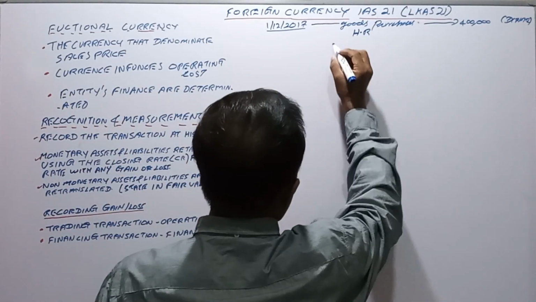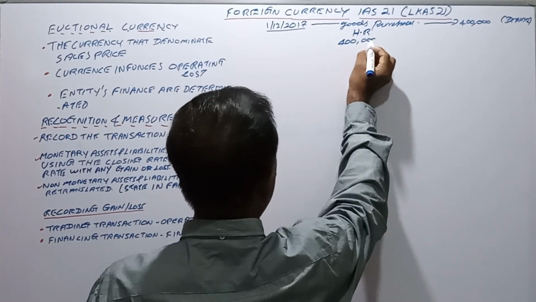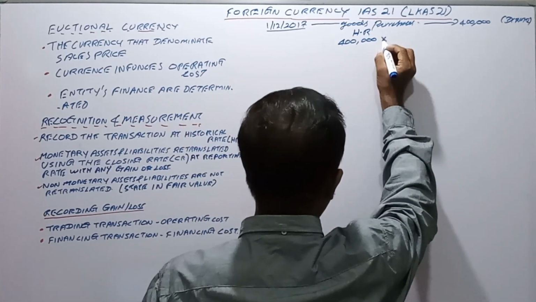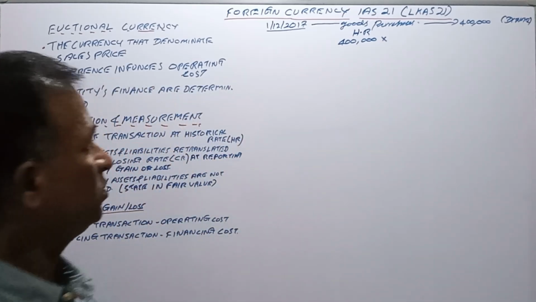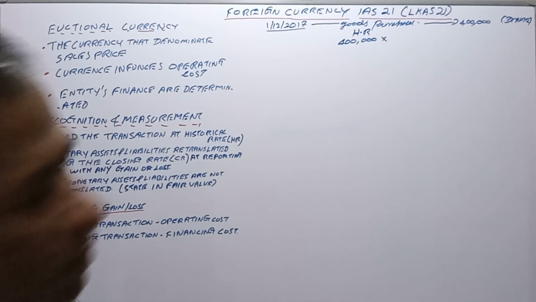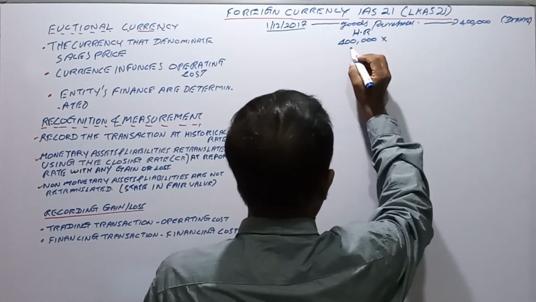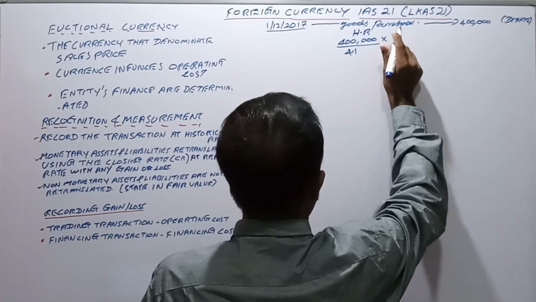So 400,000 at the historical rate, which is on 1st of December 2017, 4.1 dollar. That is 400,000 divided by 4.1.